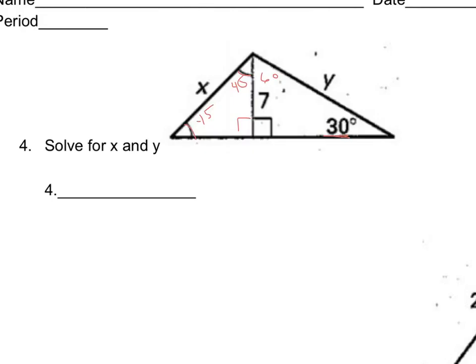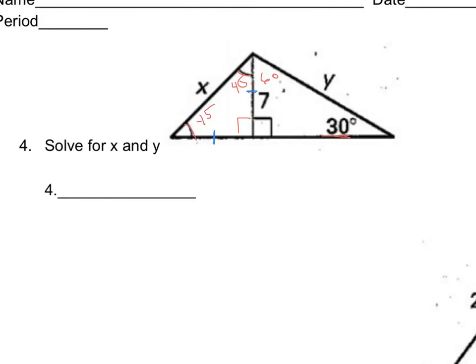So this leg is going to be equal to this leg here on the 45 triangle because of these two angles. Opposite angles, if they're congruent, the sides are also going to be equal, okay?